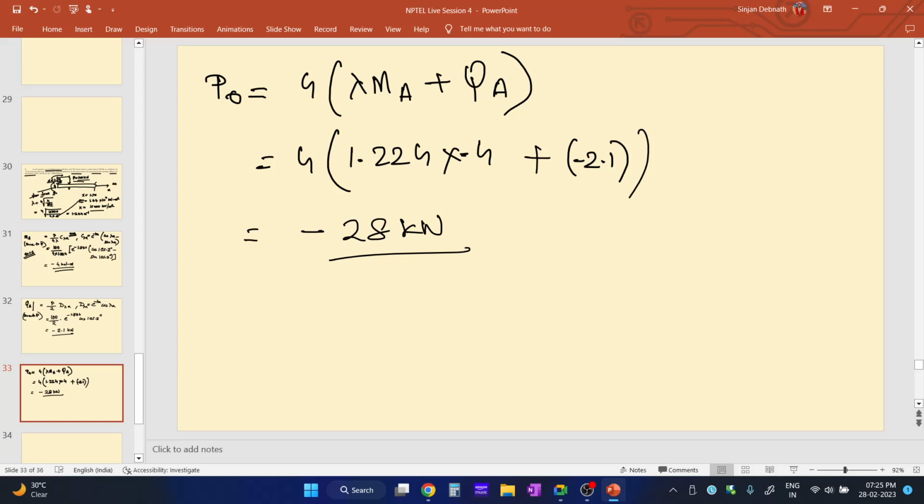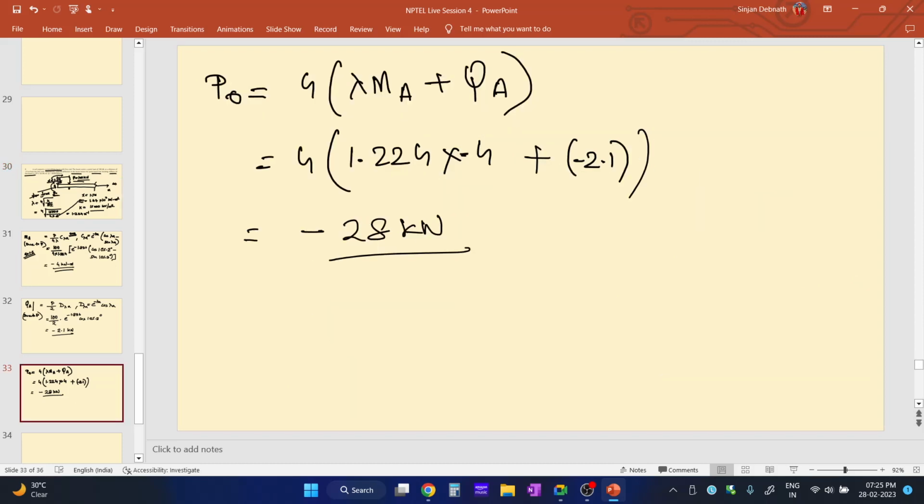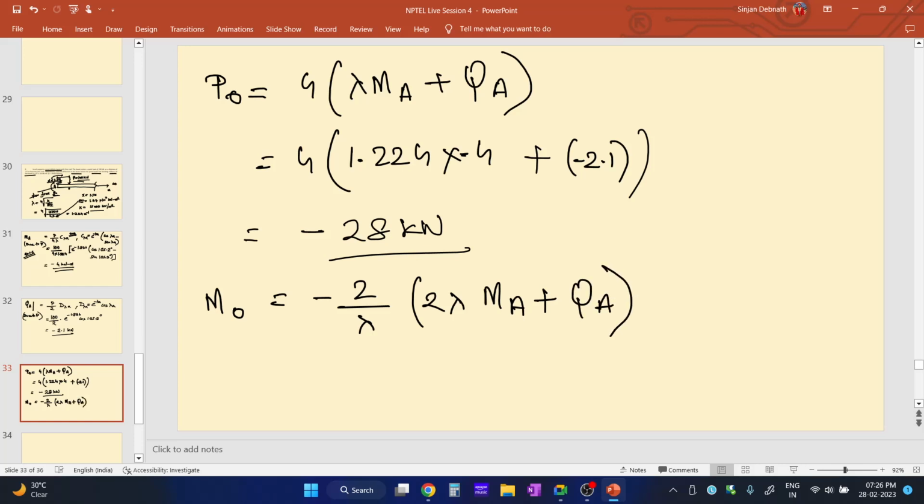Okay. So now we need to also find out the M0, that is the end conditioning moment. So what is the equation for M0? The equation for M0 is equal to minus 2 by lambda, 2 lambda MA plus QA. Okay, you can see all the derivations in the lectures.